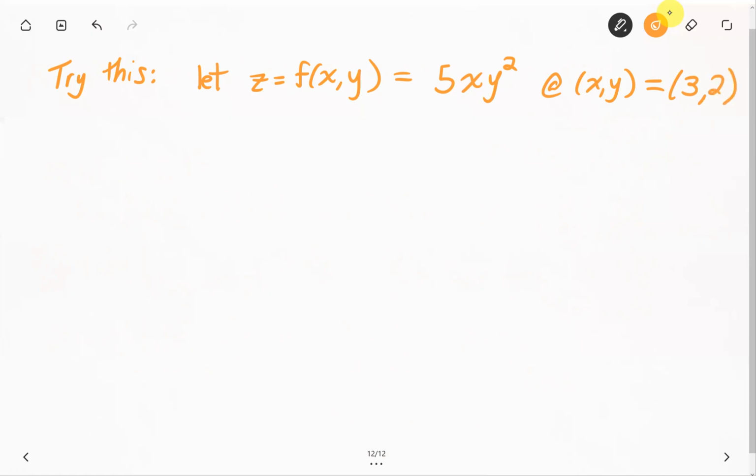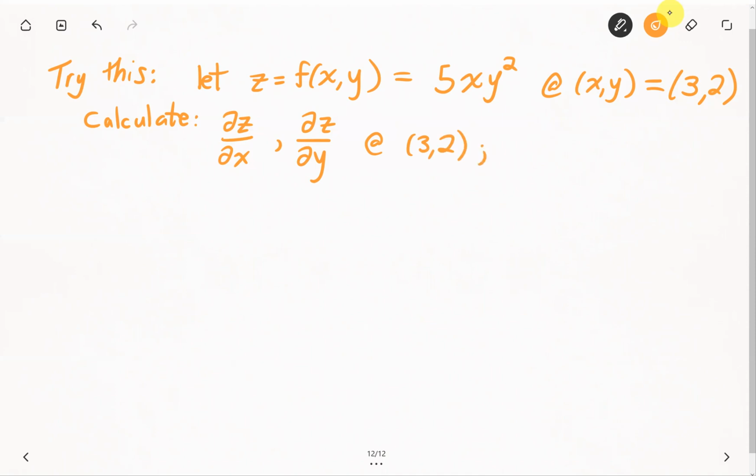See if you can calculate the following things. It seems like a big list, but really, I'm just breaking down into steps what you would need to calculate. So go ahead and calculate these two partial derivatives, find the partial derivatives and then plug in the point 3 and 2.